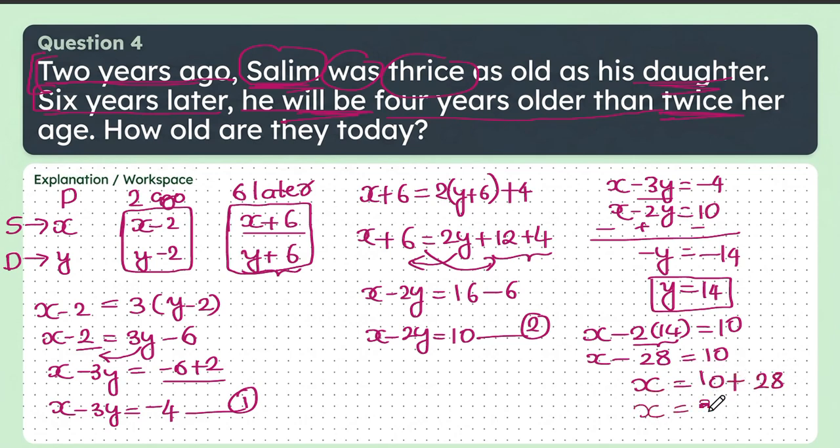That is nothing but 38. So we got both the value x and y. So x is the present age of Salim and y is the present age of her daughter. So the final statement is, therefore, the present age of Salim is 38 years and her daughter is 14 years.